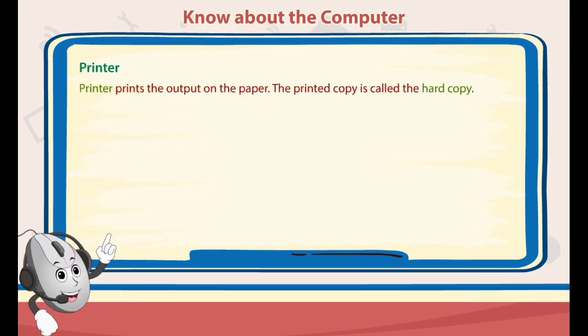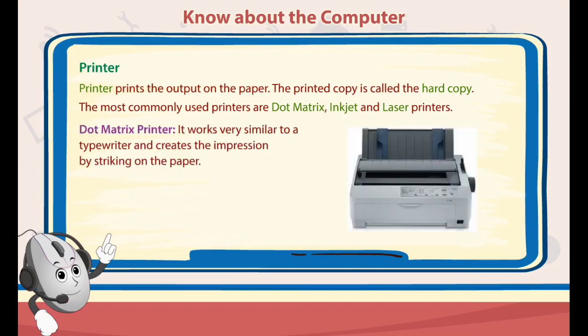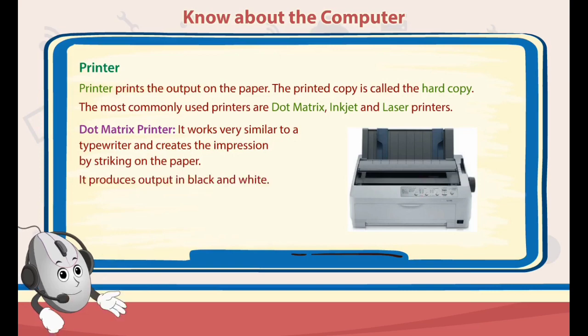Printer. Printer prints the output on the paper. The printed copy is called the hard copy. The most commonly used printers are dot matrix, inkjet, and laser printers. Dot matrix printer. It works very similar to a typewriter and creates the impression by striking on the paper. It produces output in black and white.